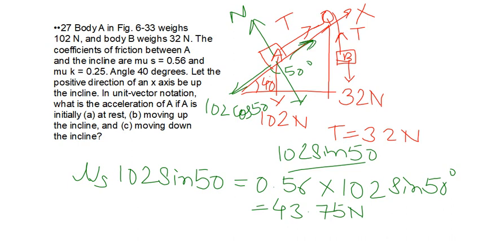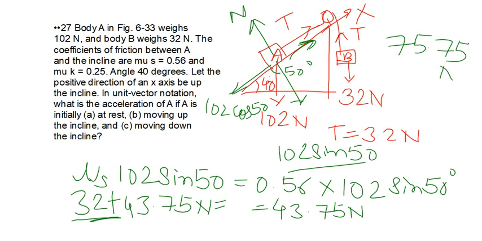Now this friction force will act upwards and the tension is 32 Newton. So total force acting along the positive x direction becomes 32 plus 43.75 Newton. I mean, this is not the force acting. Basically, this is the maximum force that the block has to overcome to accelerate downwards. So this comes out to be 75.75 Newton.